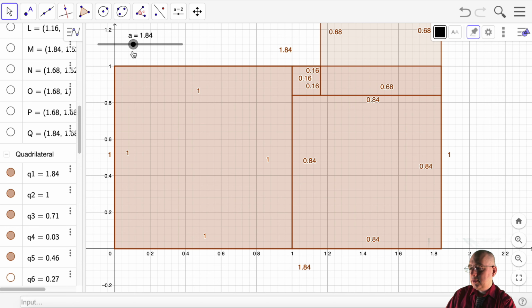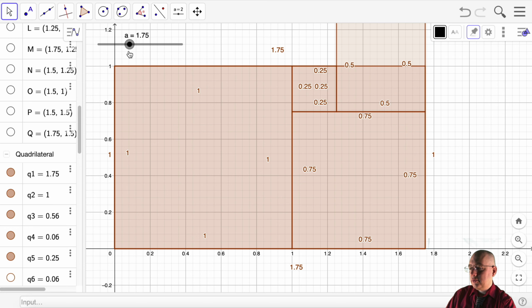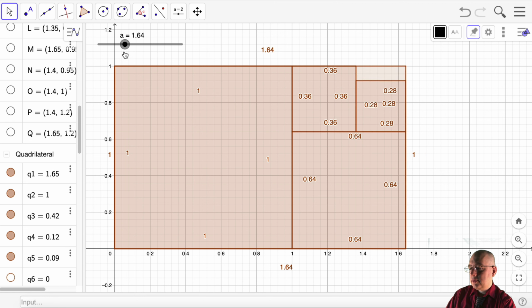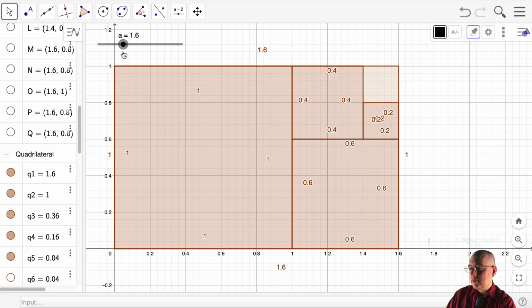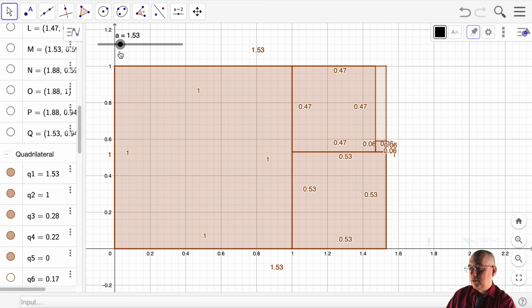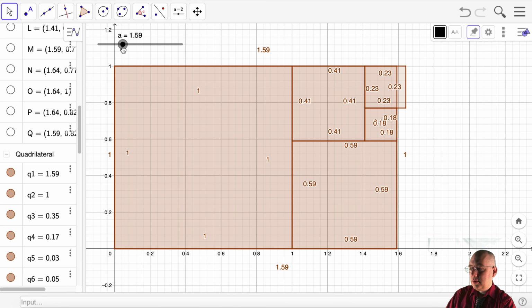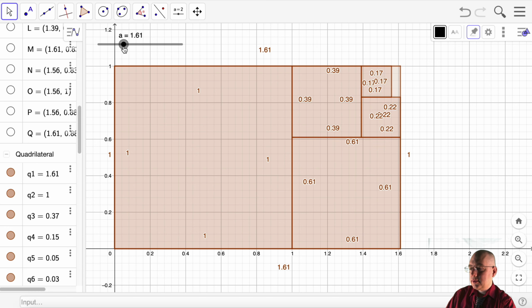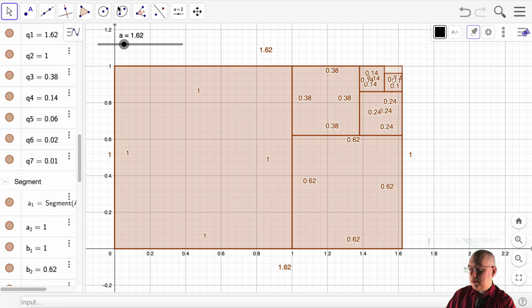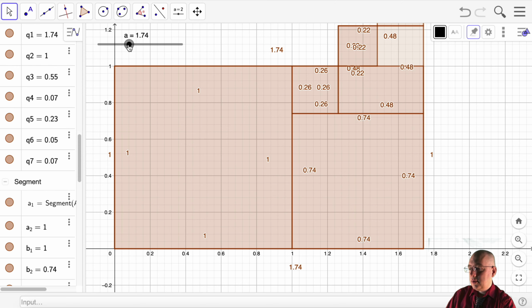Things start to look like they're improving as I get closer to around 1.7 to 1.6 area, which is really great. 1.5 is looking okay, although it's probably going to be dodgy the next time around, because look at this. Boom, right? Too small. And then I can increase it back up. 1.6 is looking good. I can still continue this process. And there we go, get another one.